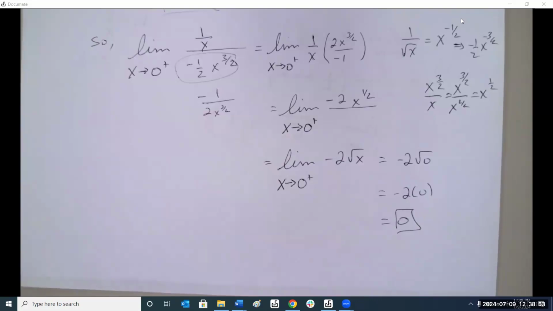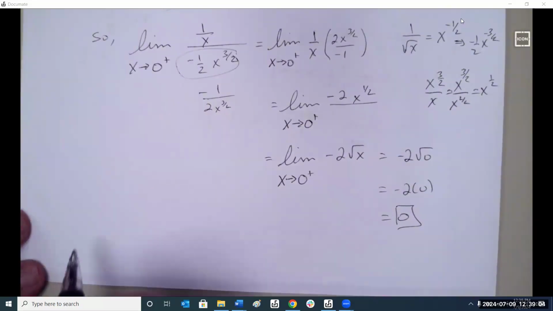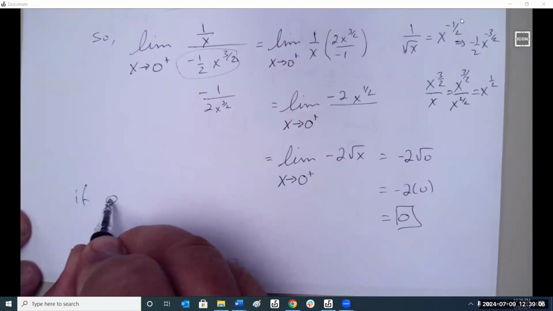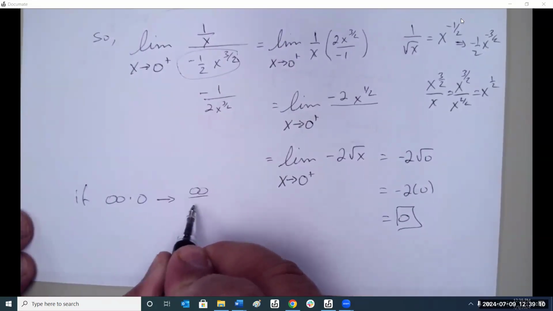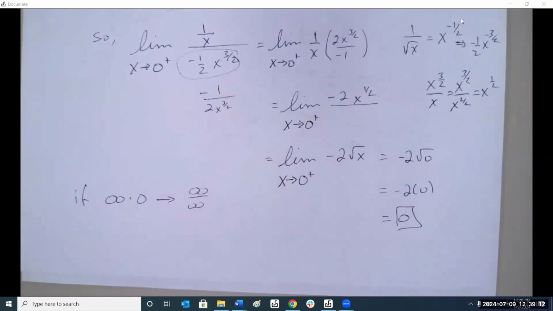So why did we do what we did? Because we have a property that says if we have infinity times infinity or 0, if it works, it's great. So those are saying, if you get infinity times 0, try to convert it to infinity over infinity.